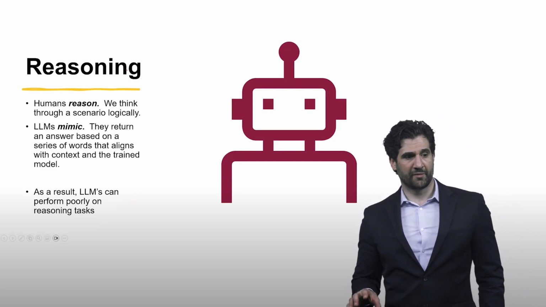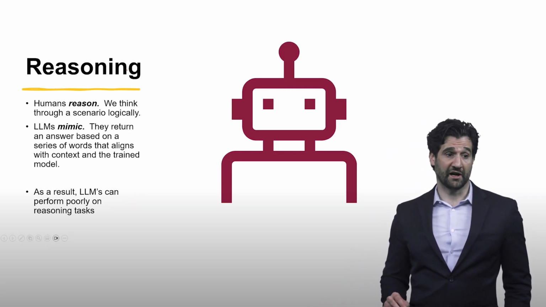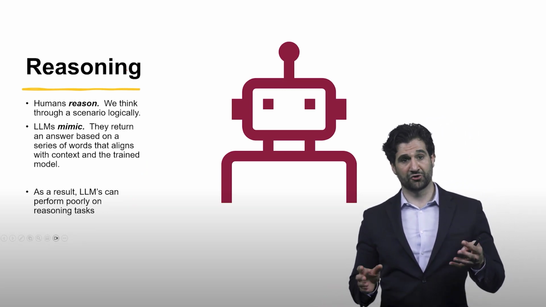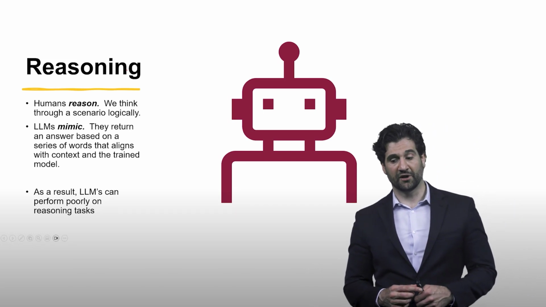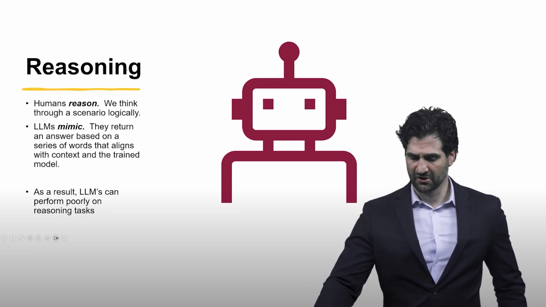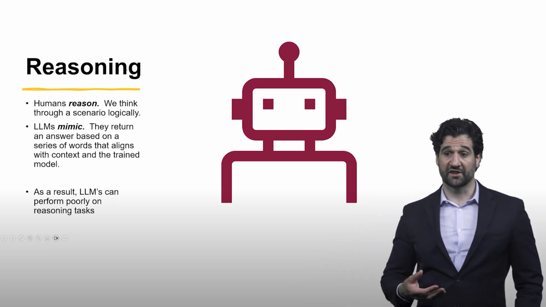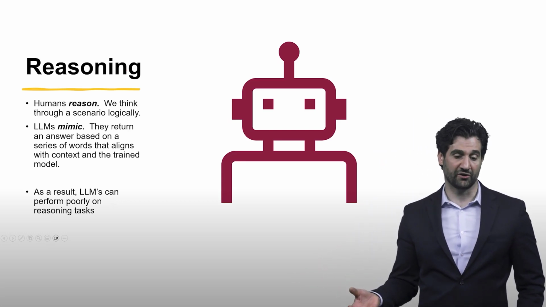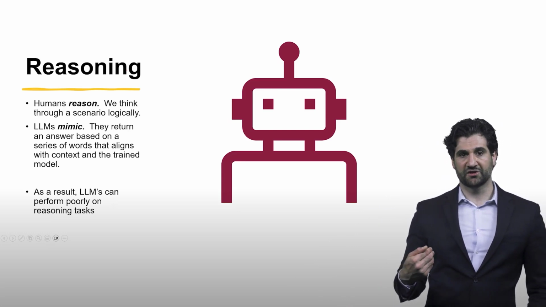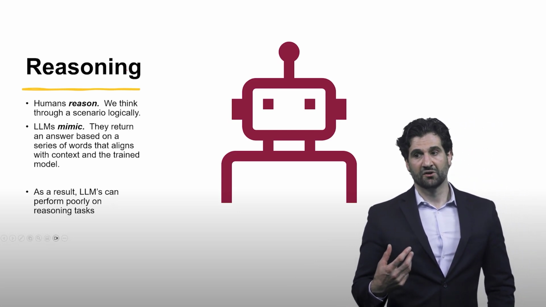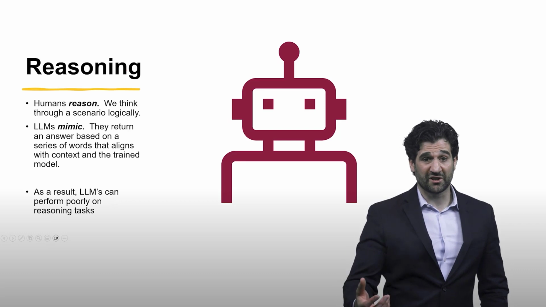Now, we talked about different types of prompts earlier on, and we talked about how few-shot learning can really help us with some of our issues. But there is a type of question called reasoning where you have to think through something, think through the result. As human beings, when we get a question, we reason through the results.